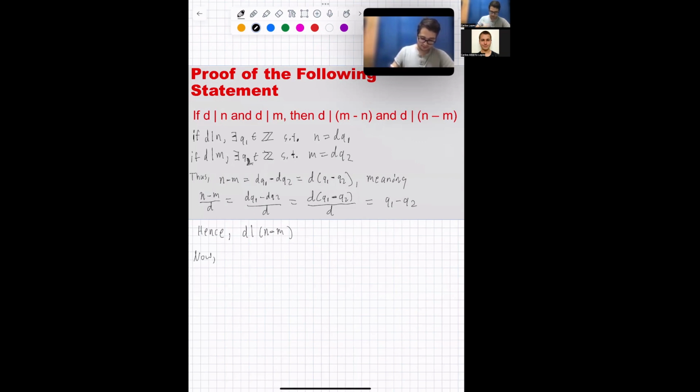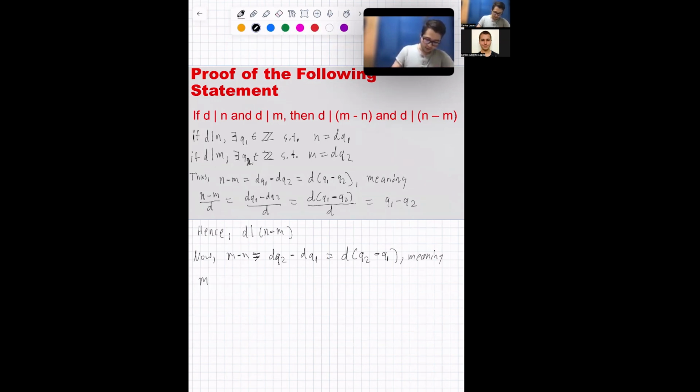Now, m minus n is going to be equal to dq2 minus dq1, right? Is equal to d times q2 minus q1, okay? But I skipped some steps.